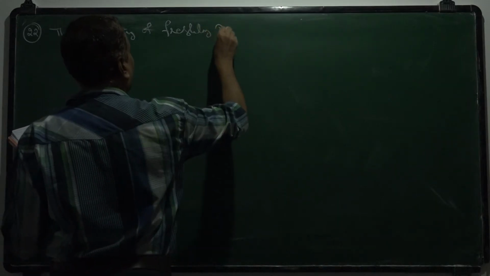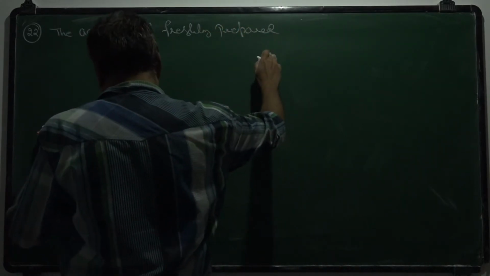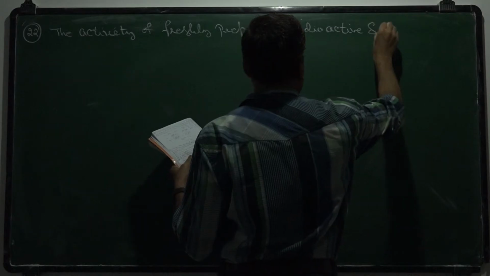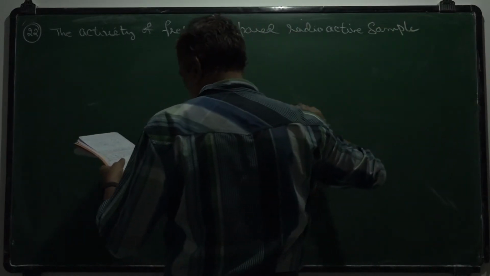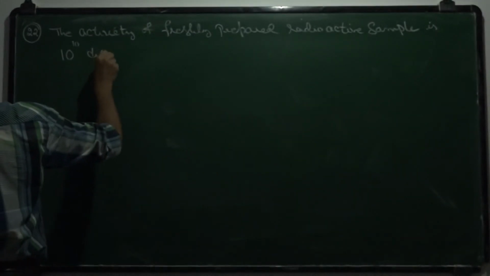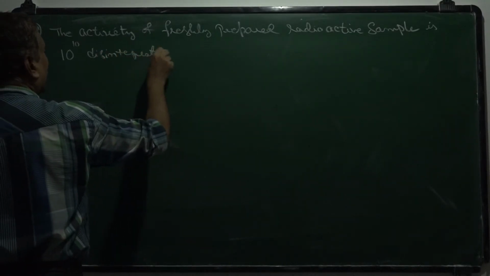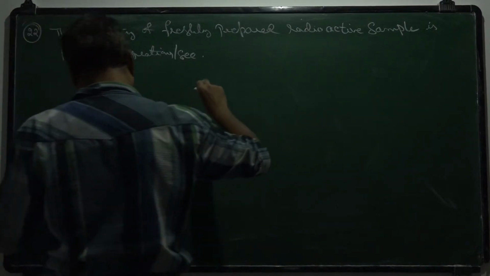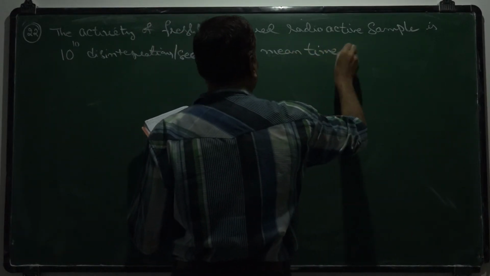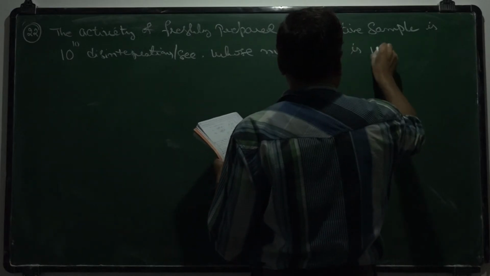The activity of a freshly prepared radioactive sample is 10 to the power 10 disintegrations per second, whose mean lifetime is 10 to the power 9 second.